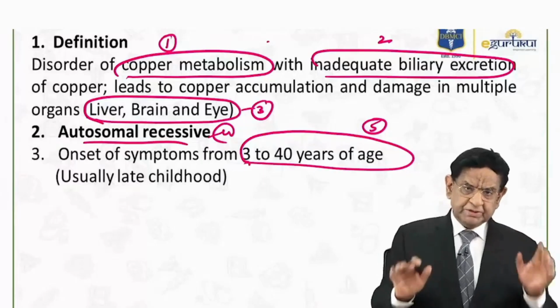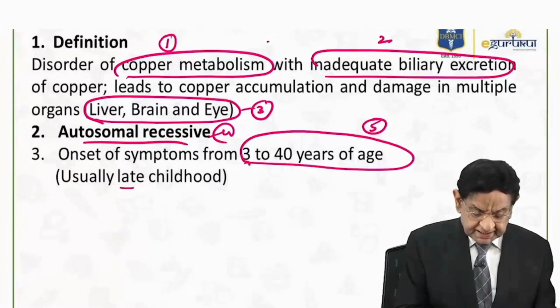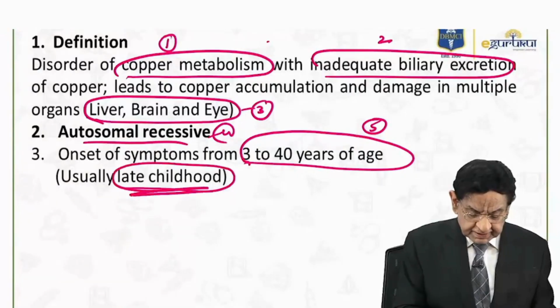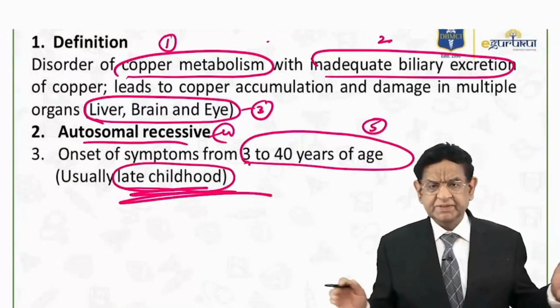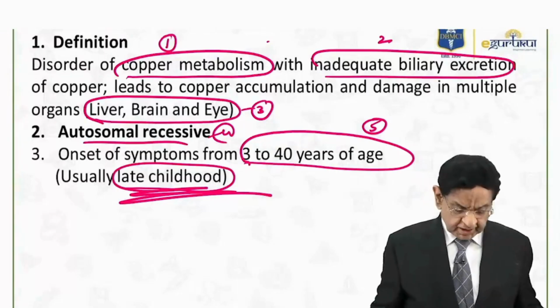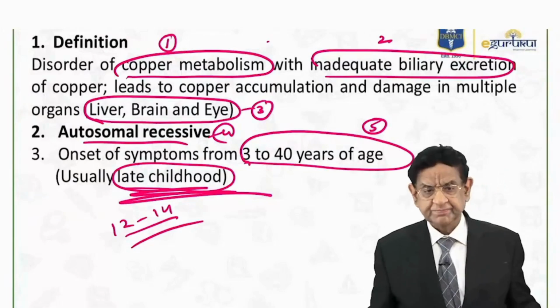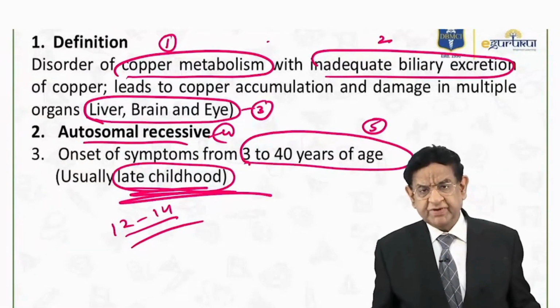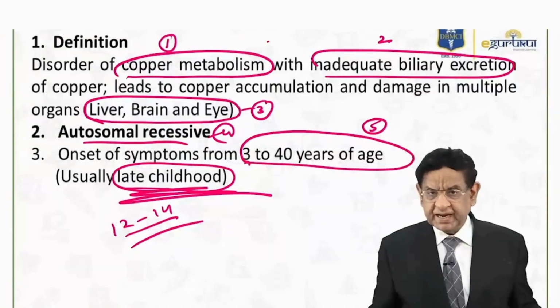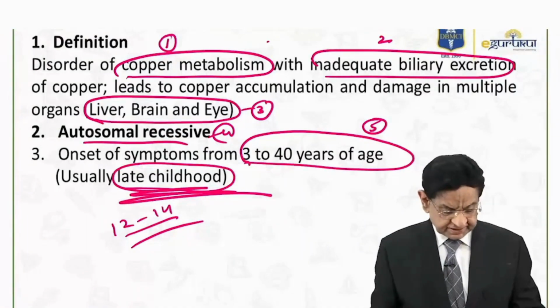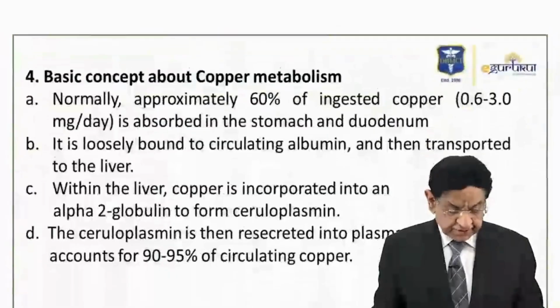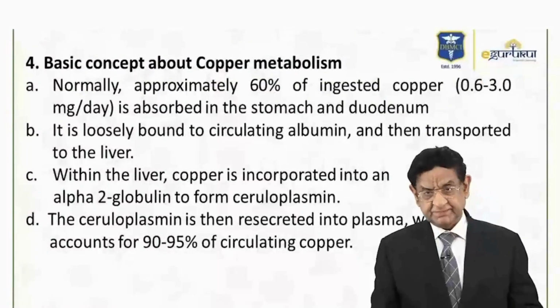But majority of the time the patient manifests in late childhood. Late childhood is somewhere around 10, 12, 14 years, something like that. Agreed. So there are 5 keywords and every word I will be discussing in detail in the next slides. Now we talk about basic concept.